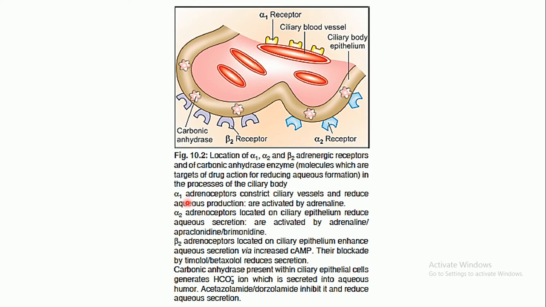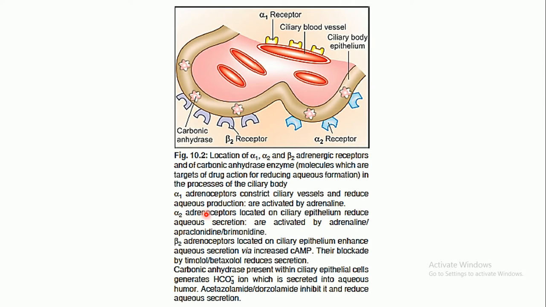Apart from this, the alpha-1 adrenoreceptors can constrict the ciliary vessels and reduce the aqueous production. Okay, so these alpha-1 receptors are located in the ciliary body. Because of the constriction of the ciliary blood vessels, it results in a decrease in the formation of the aqueous humor.